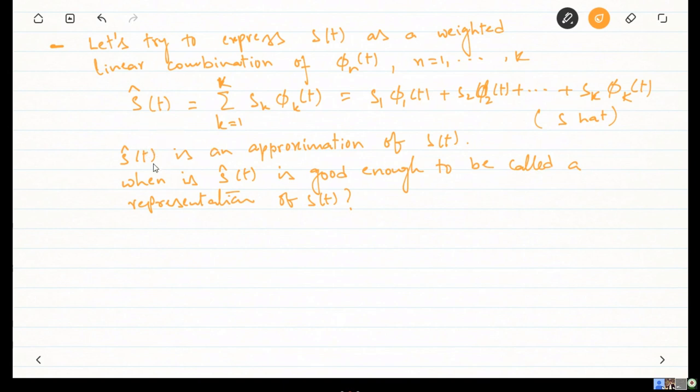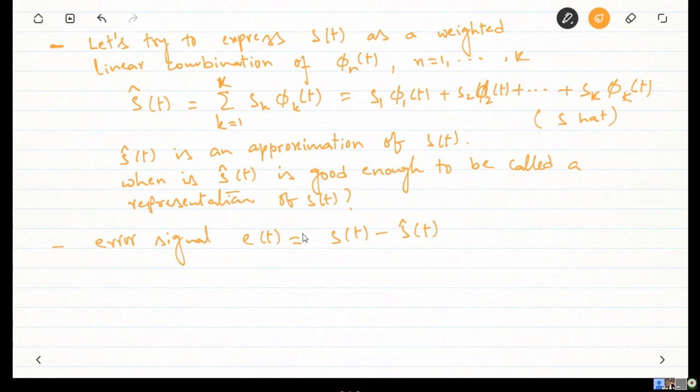Now we are not sure whether S hat of t is equivalent to S of t or not, so let's define an error signal. The error signal E of t is equal to S of t minus S hat of t. This makes sense, right?